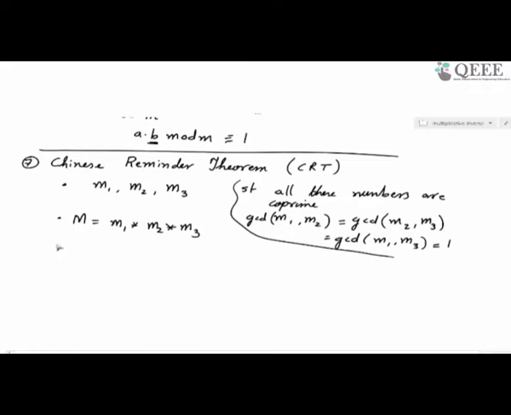Now suppose we are given a system of equations of this form: x congruent to a1 mod small m1, x congruent to a2 mod m2, and x congruent to a3 mod m3.